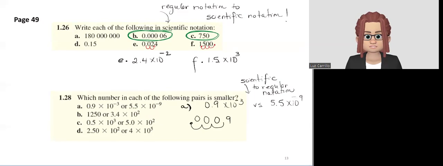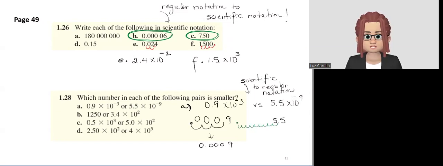So that means that the value 0.9 times 10 to the 3 is actually 0.0009. Then, in the measurement 5.5 times 10 to the negative 9, this means that I will take that 5.5 and move that decimal place 9 times. 1, 2, 3, 4, 5, 6, 7, 8, 9.